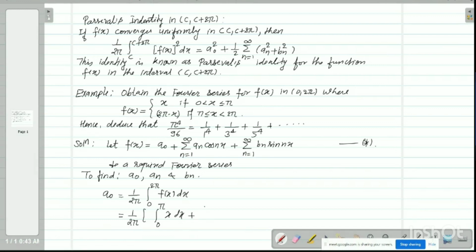And plus the second function, which has limit pi to 2 pi, and f of x is 2 pi minus x, dx. Let us move to the next page, then we will integrate it.